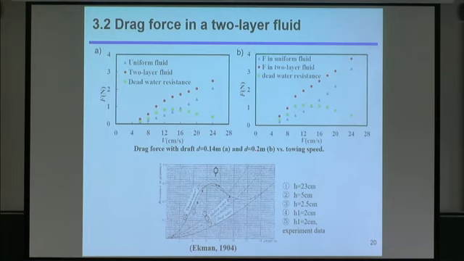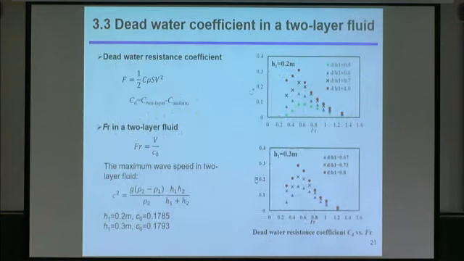Okay, now here we should check the dead water resistance. This is a nondimensional result, and the horizontal axis is the internal Froude number. The internal Froude number is defined by the towing speed divided by the wave speed in two-layer fluid. It depends on the difference of the density and the layer, the interface positions.